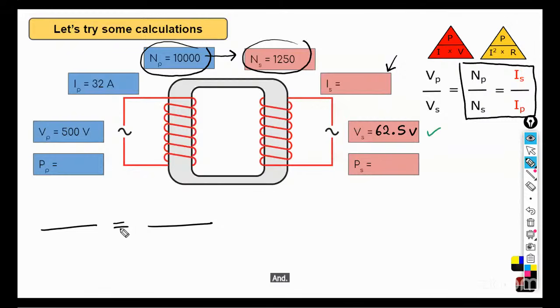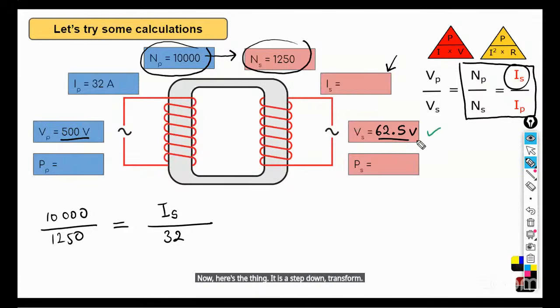NP on NS. NP is 10,000. NS is 1250. IS, we don't know. And IP is 32. Now, here's the thing. It is a step-down transformer because the voltage got smaller.